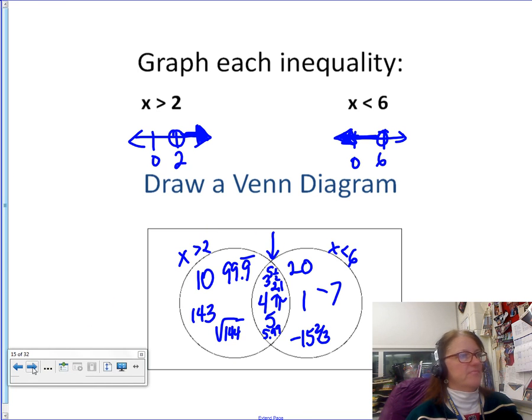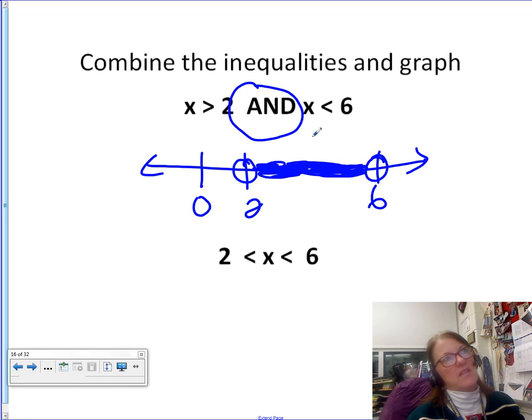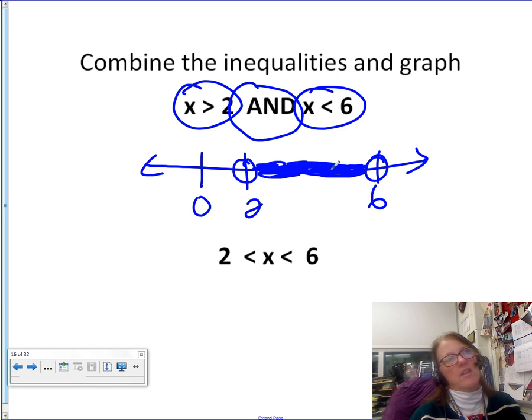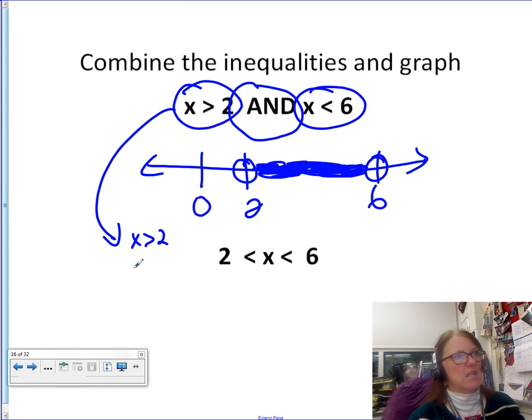So when I write this and I want to combine these two inequalities together, you could just do it in words this way with the word and. You can also make this multi-staged compound inequality by writing it this way. X is greater than 2. Remember how I've told you I can't stand reading things when the variable's on the right? Well, here's a good example.